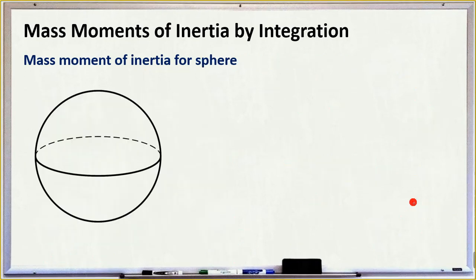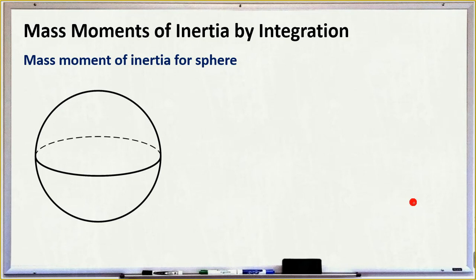Okay, so let's proceed to the sphere. This is also important because the sphere is a common solid that we can see in our surroundings, especially in the industrial sector.